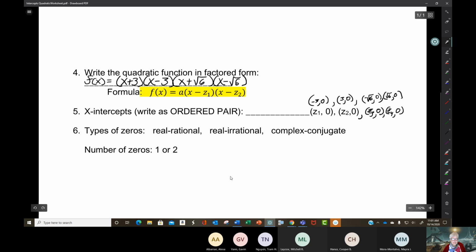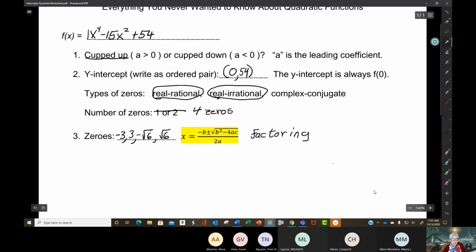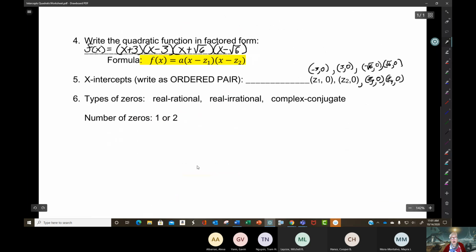Did I leave that up there? I thought I moved it. I must have copied and pasted. Oh well. Still, real rational and real irrational, and there were 4 zeros.